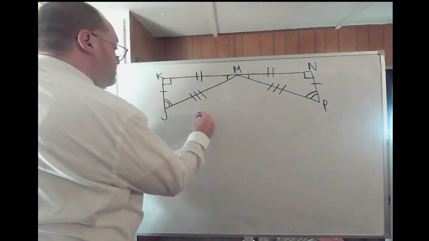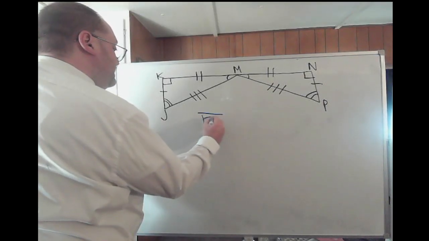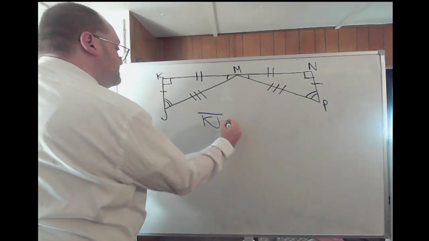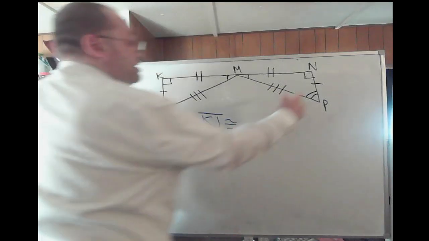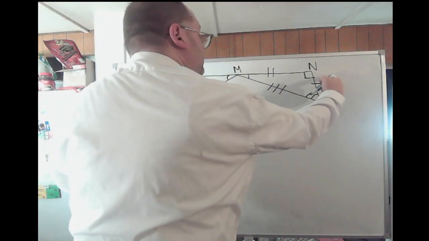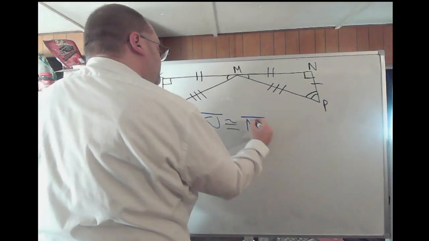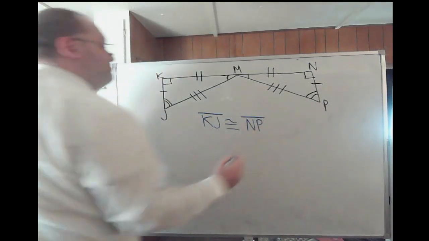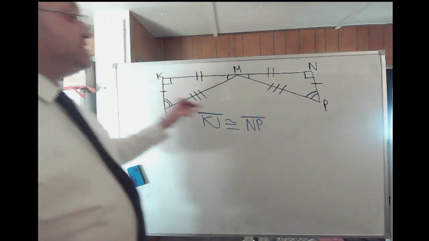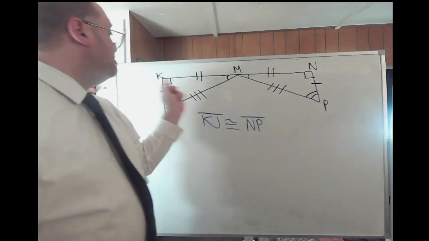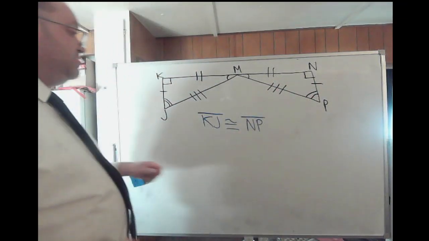So let's start with the 1 tick mark. We got side KJ is congruent to, it looks like, side NP, because they both have the 1 tick mark.